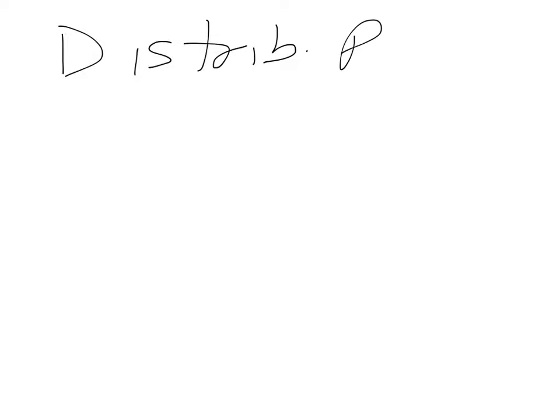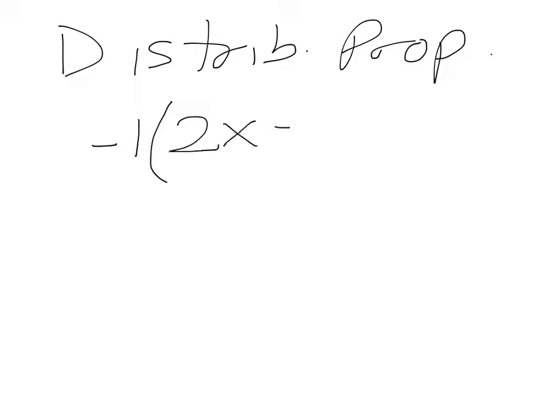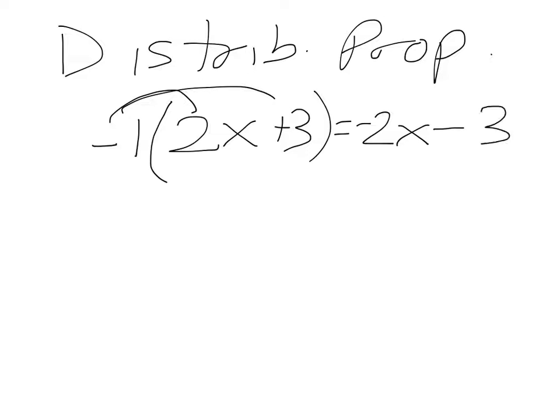Now, think about this for a second. This is kind of the distributive property that we're going to look at. If I had negative 1 times 2x plus 3, and I distribute the negative 1, I get negative 2x minus 3.